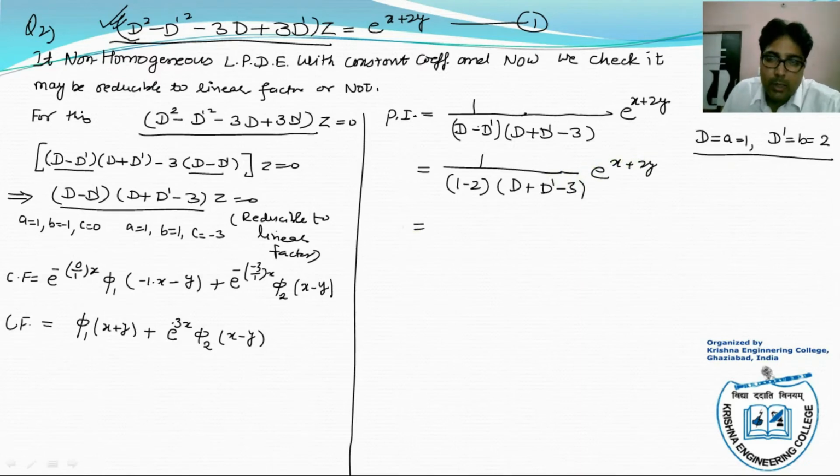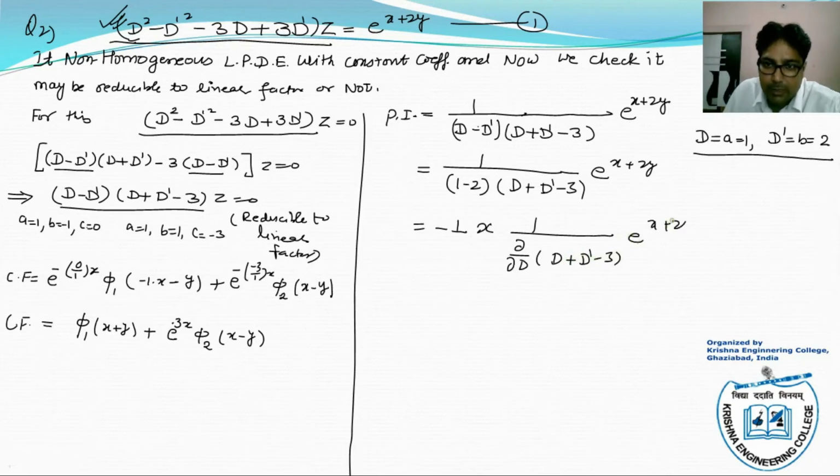Now if we replace D by 1 and D' by 2 in this second factor, then this becomes 0. So in this case the rule fails. So in this case we multiply by x, this is minus 1, and differentiate partially with respect to capital D: (D + D' minus 3) e to the power x plus 2y.